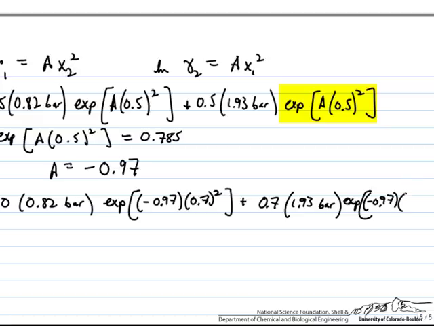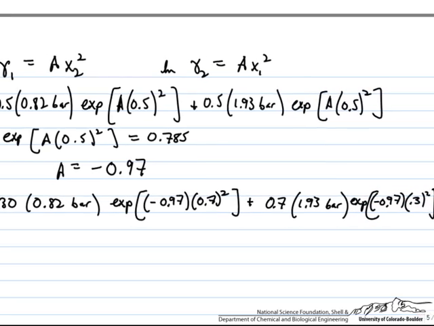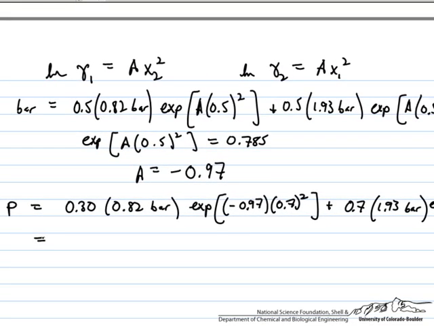But now we have 0.3 squared, so 30% of component 1. This allows us to solve for the bubble pressure, which is again what we're looking to solve for here, which is equal to 1.39 bar.